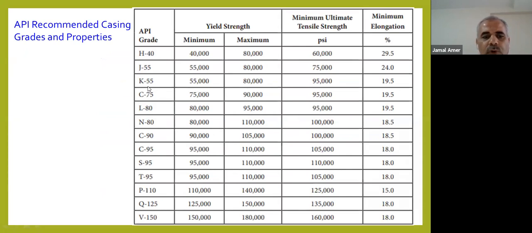And why do we have these varieties of casings? As we see here, yield strengths, minimum and maximum, tensile strengths, minimum elongation percent. So this figure is a letter followed by a number.